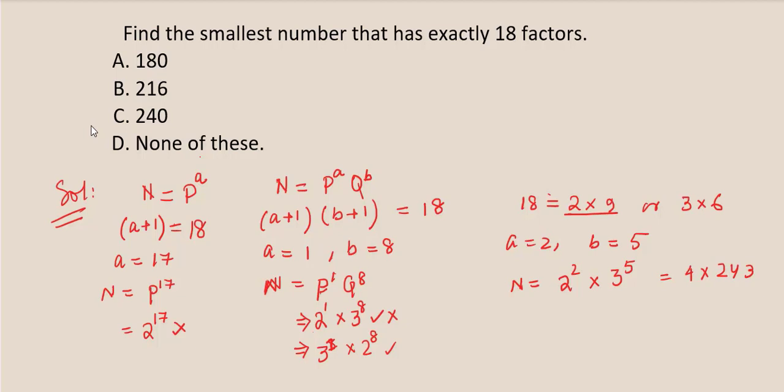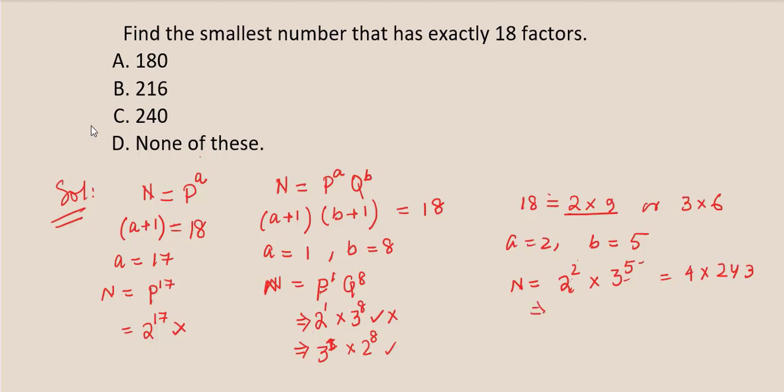Okay, and what we need to consider over here is that if the prime number is small, then its power should be big, and if the prime number is big, its power should be small, so that we get the smallest number.